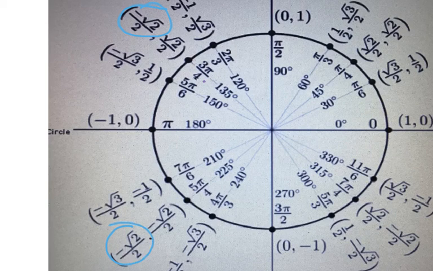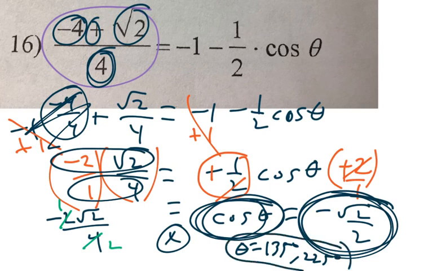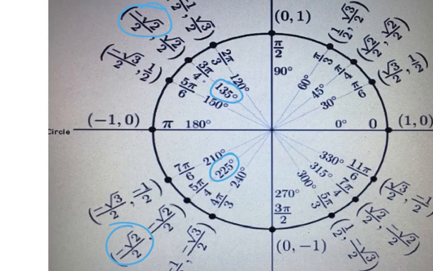So our answers are 135 and 225. So for this problem, I know theta is at 135 degrees and at 225 degrees. Everyone agree? That's where x is negative square root 2 over 2.